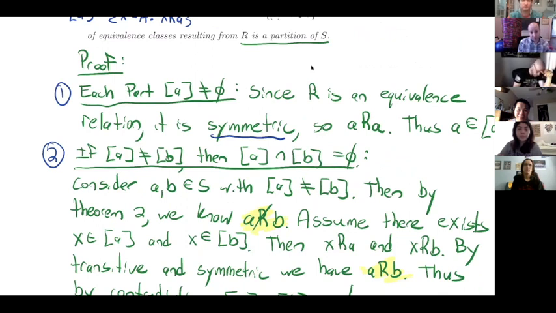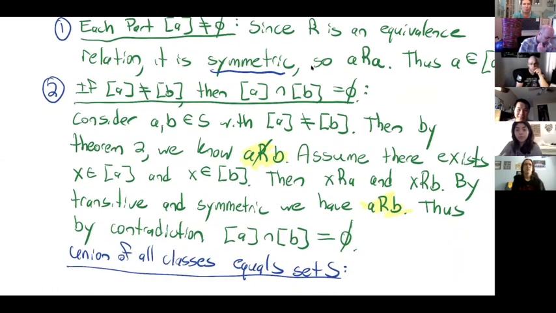So if I have 2 different parts, A and B, their equivalence classes should not have any elements in common. And this we proved by contrapositive. No, I'm sorry. We did this by contradiction last time. And that's where we ended the discussion.